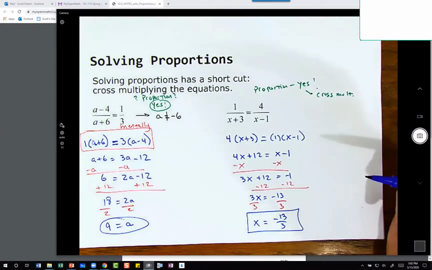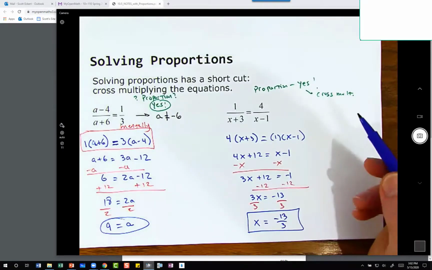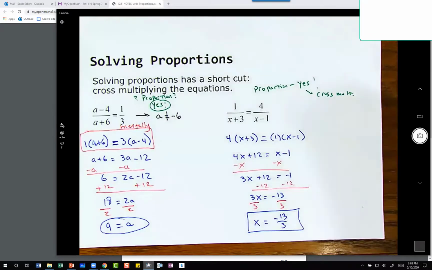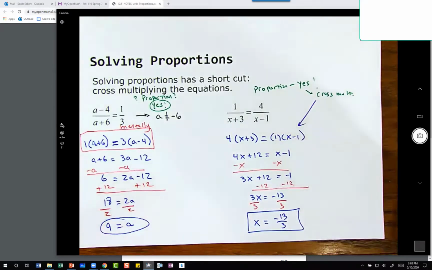On the harder equations, we want to kill fractions. And because they're proportions, we can cross multiply and the fractions are gone when we cross multiply. So that's a really sweet, easy, convenient thing. But it only works for proportions.